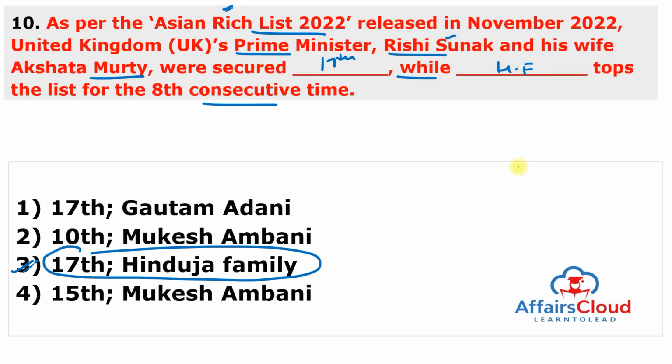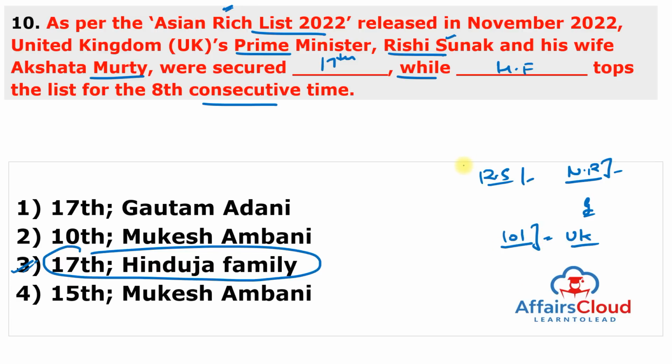3 is the answer. So remember, United Kingdom Prime Minister Rishi Sunak and his wife Akshata Murthy, daughter of N.R. Narayana Murthy, co-founder of Indian information technology major Infosys, were listed on the Asian Rich List 2022, which profiles the richest 101 Asians in the United Kingdom.